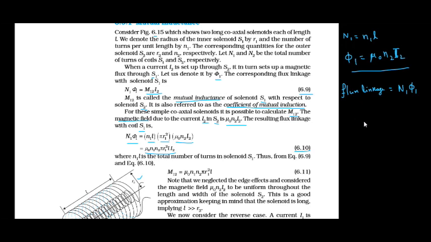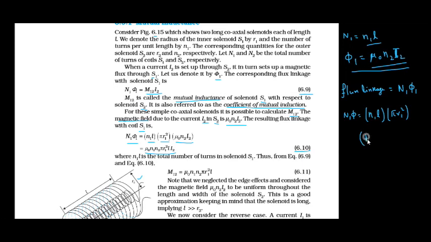Putting the values together, N1 phi 1 will be equal to N1 L, then the area pi r1 square.